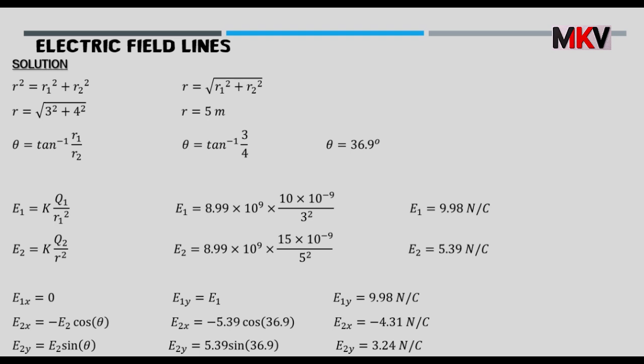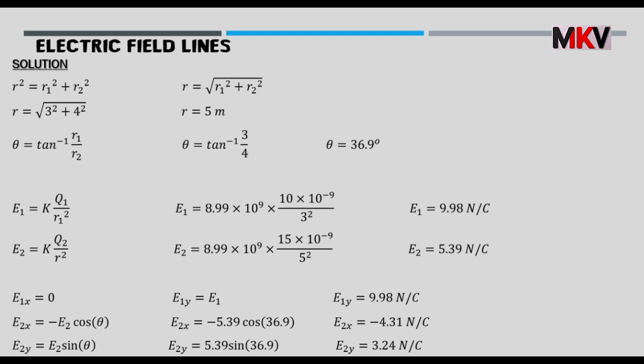So now back to our resolutions. E1x is equal to 0, as we emphasized earlier. Then E1y is equal to E1, therefore equals 9.98 Newton per Coulomb. Now to E2x, which is minus E2 cos theta.